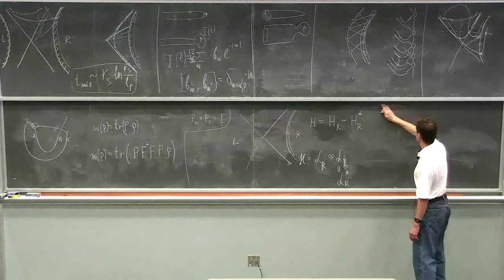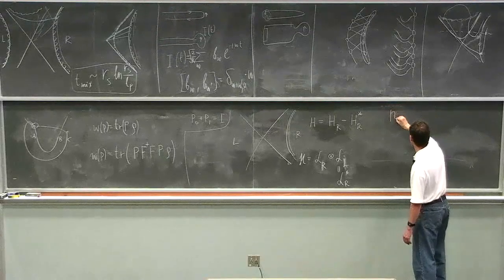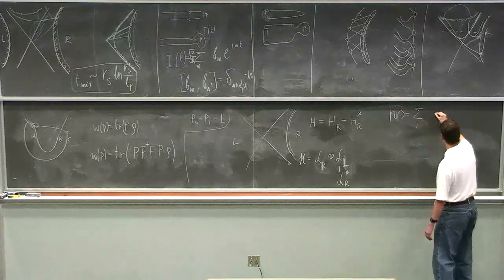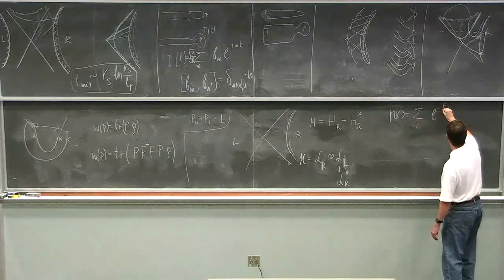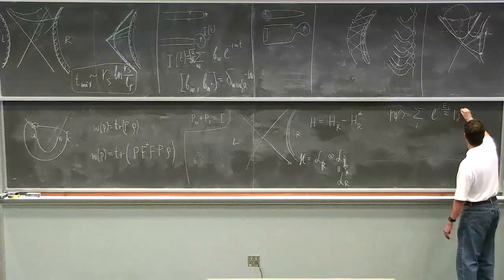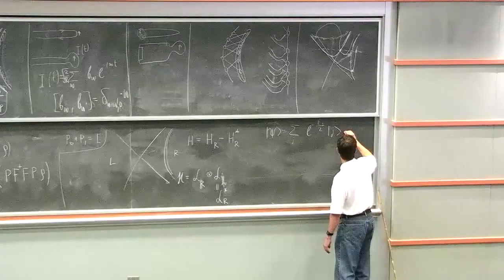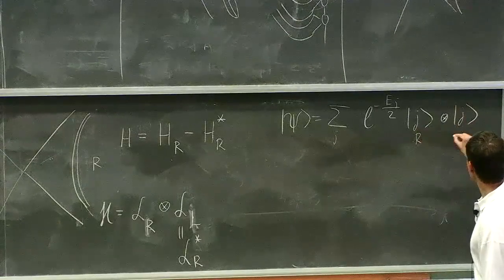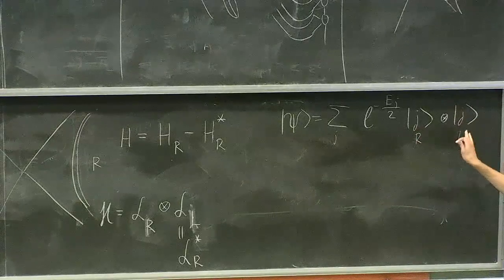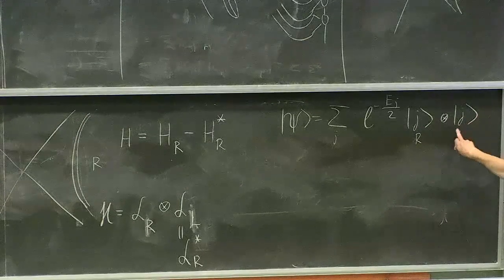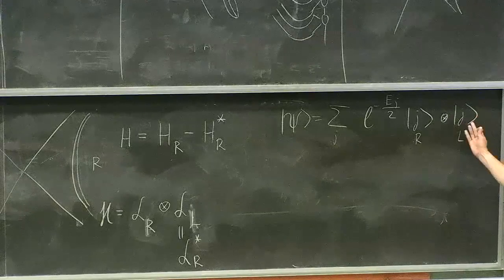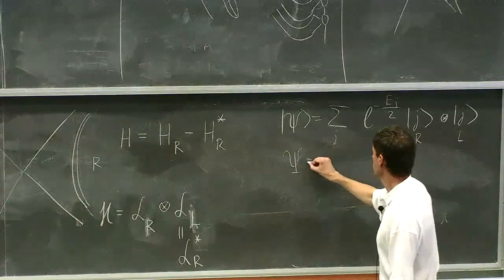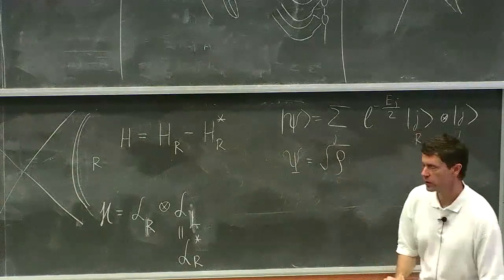We start with this state psi. Now, this is the right wedge, this is the left wedge. It's a bit awkward, but it's okay. Now, this J can be turned into a ket vector, and then we may write that psi is the square root of rho, the density matrix.